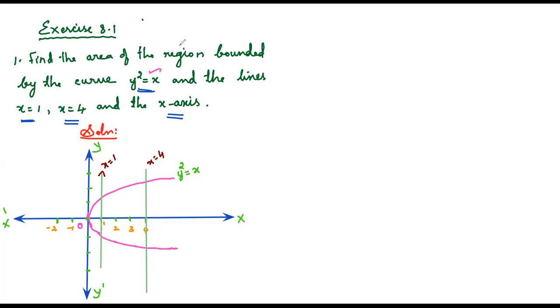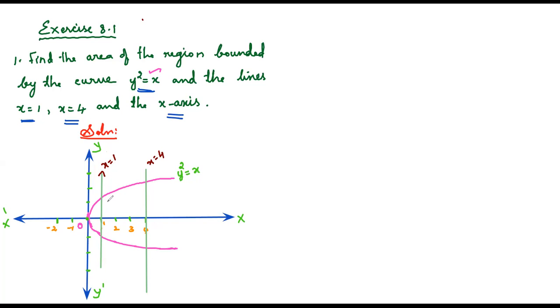And now let us check it. Okay, now look into the figure. Now you have to find the area of the region bounded by the curve y square is equal to x. So this is the curve, and x is equal to 1 is this line and x is equal to 4 is this line and the x-axis is this line.